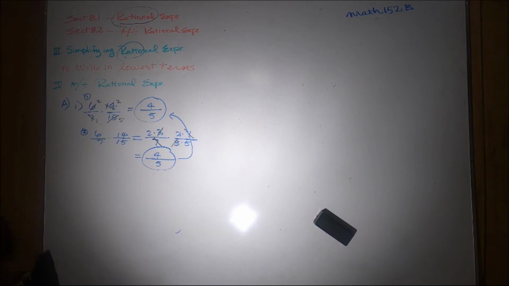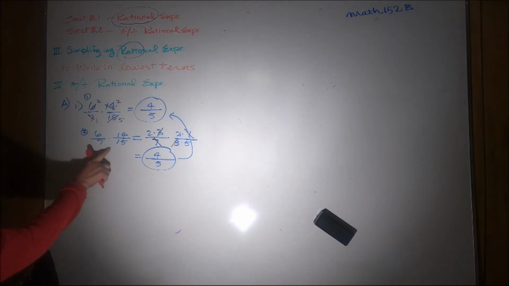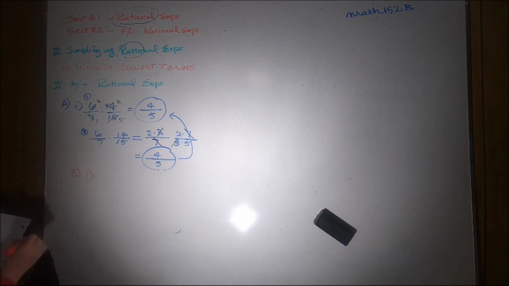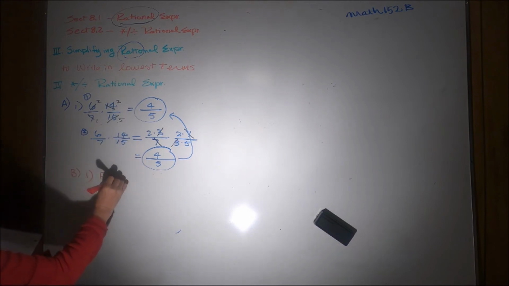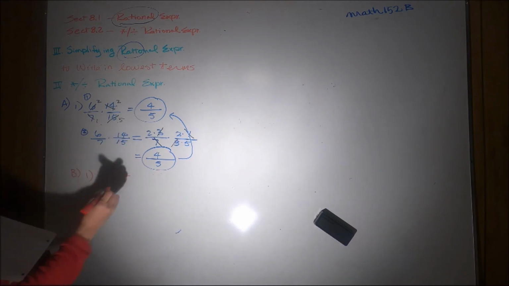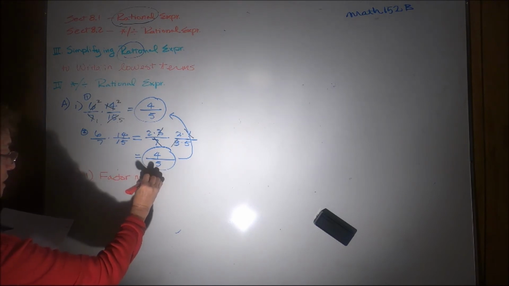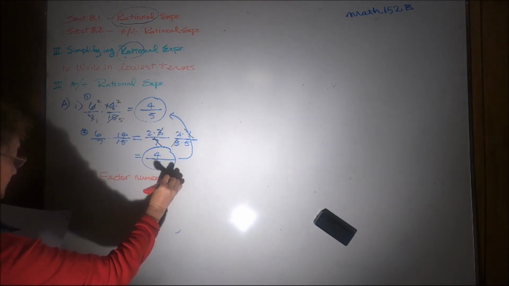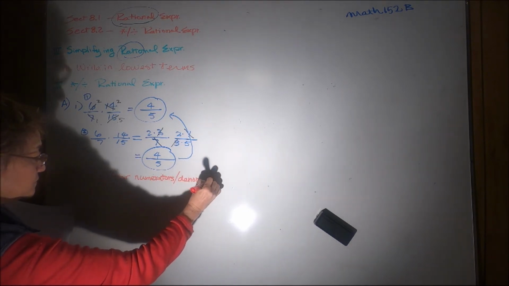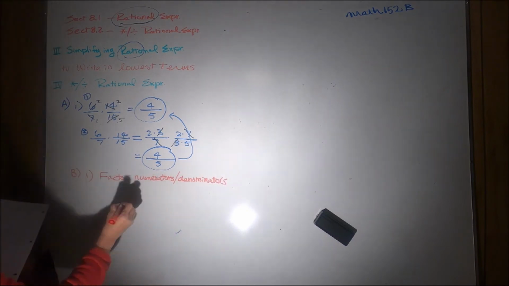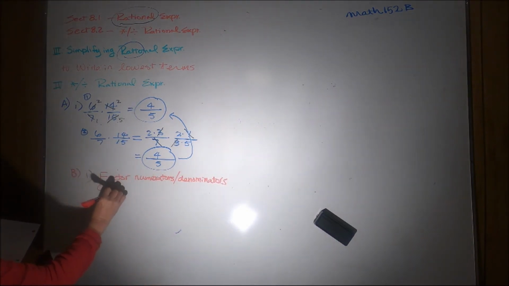So for multiplying rational expressions, just like the numbers, we write down the steps. So first, we will do what? You will factor them out, right? Factor the numerators and denominators completely.